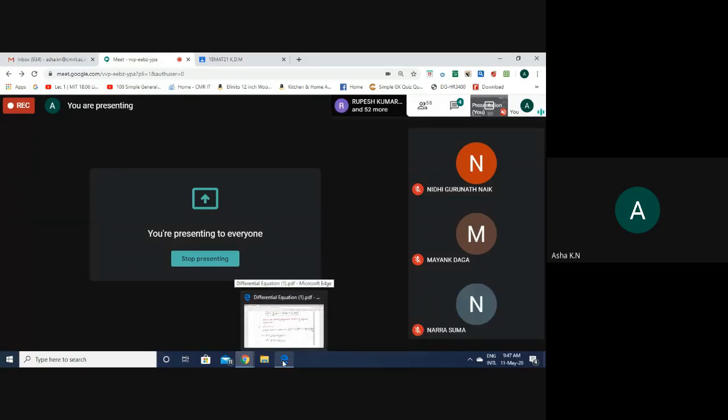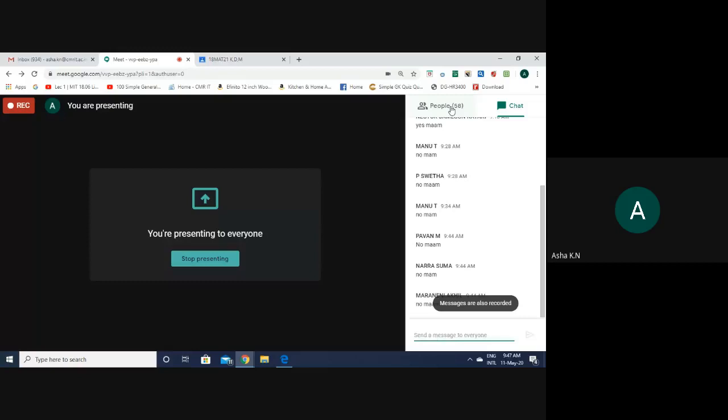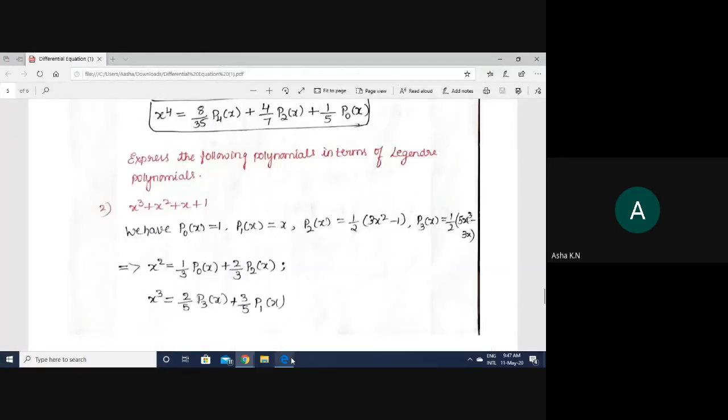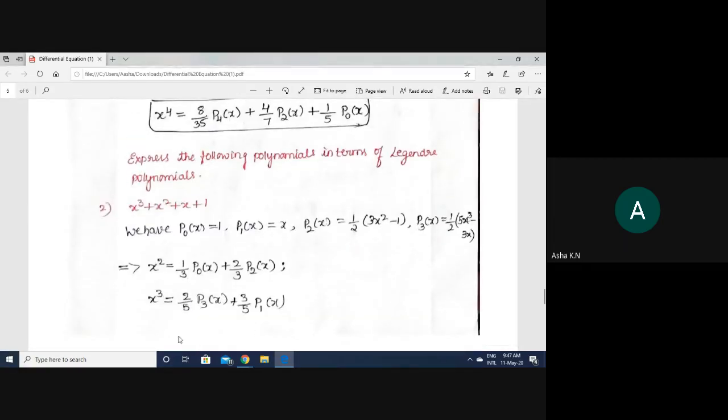Guys, are you doing? You want me to show the expression again? The problem I had asked is this. 4x cube minus 2x square minus 3x plus 8. This is the expression I have given. This is the problem. Okay. And you have to use these formulae now.